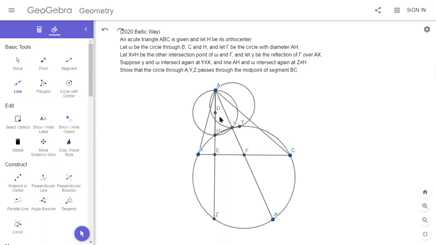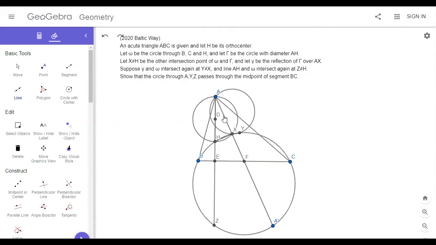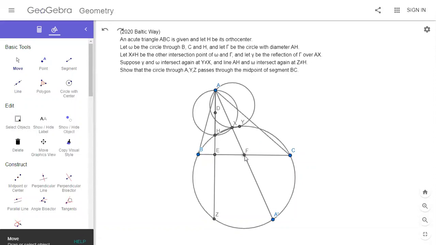Yeah, we have to use that we're reflecting one circle over AX. We try to show AYZ equals AMZ. Or yeah, I called it F, but M is probably better.